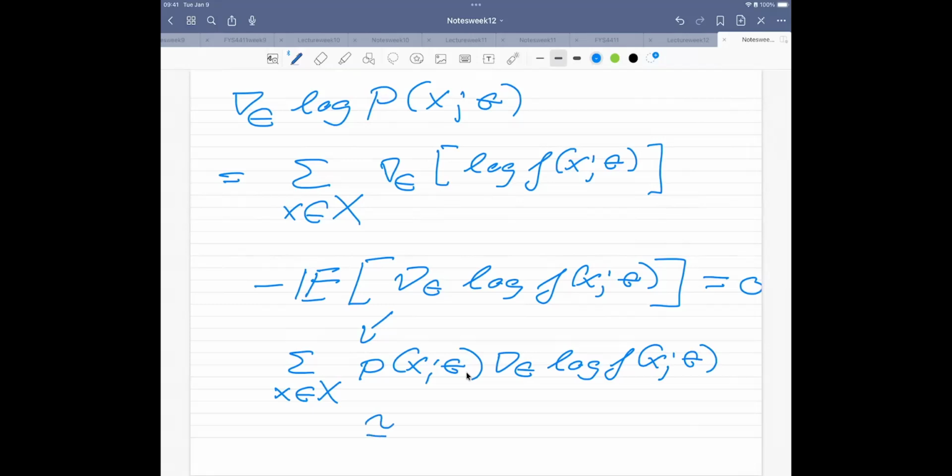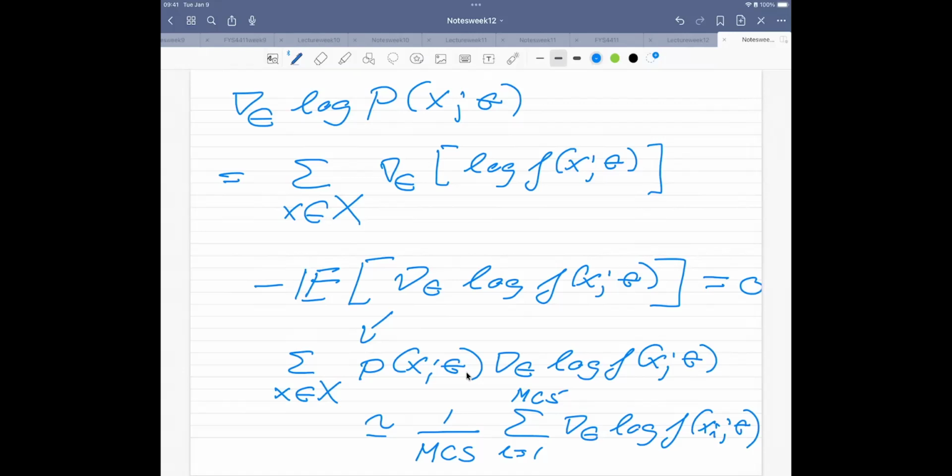So this is an expectation value, and that means that we are going to have a loop over Monte Carlo samples, MCS. Then we have a sum from i equal 1 up to the number of Monte Carlo samples, and this is going to be us evaluating this function here of x_i as a function of theta. So this last object is the one which normally causes problems for us.